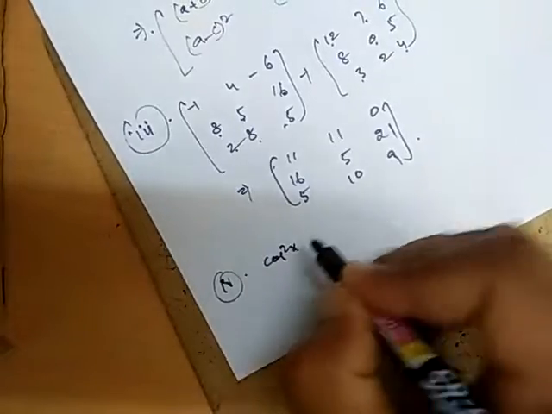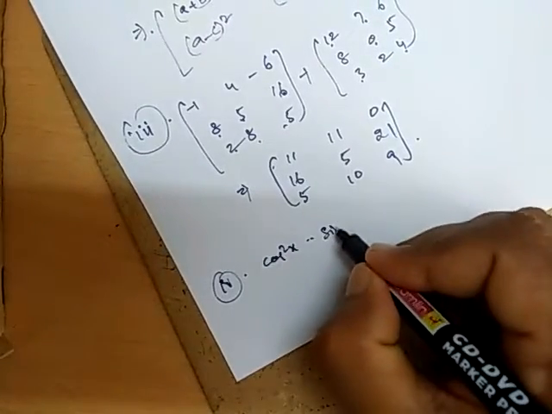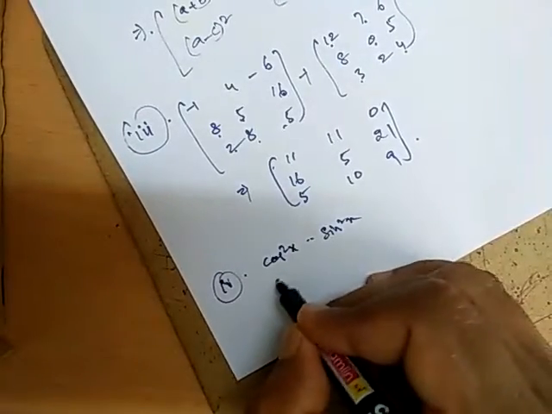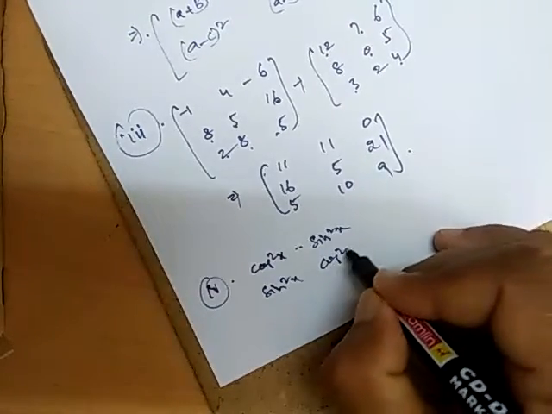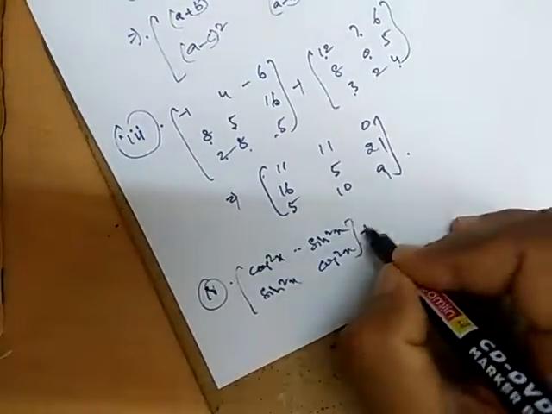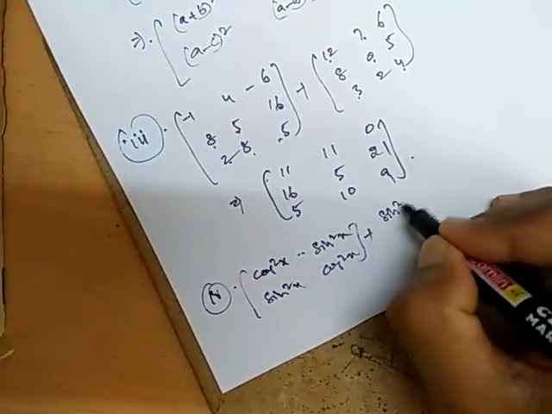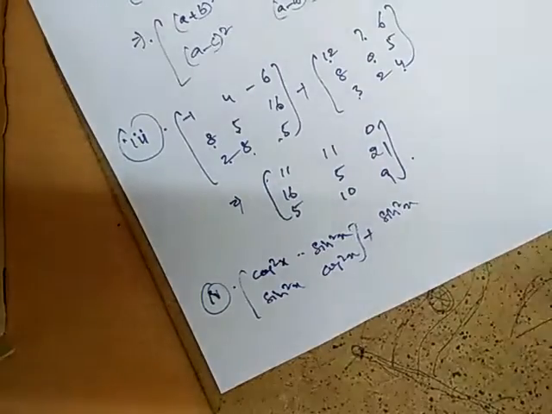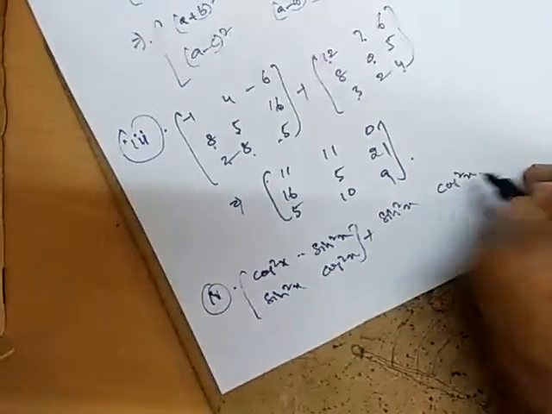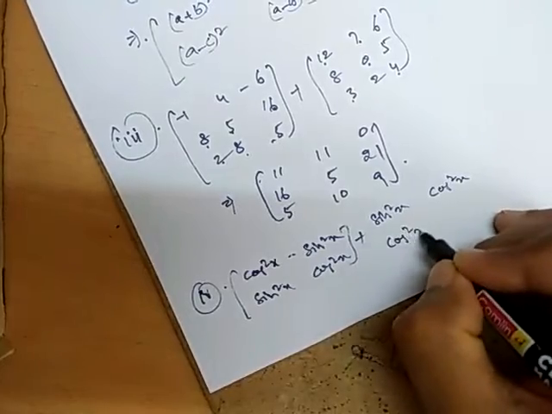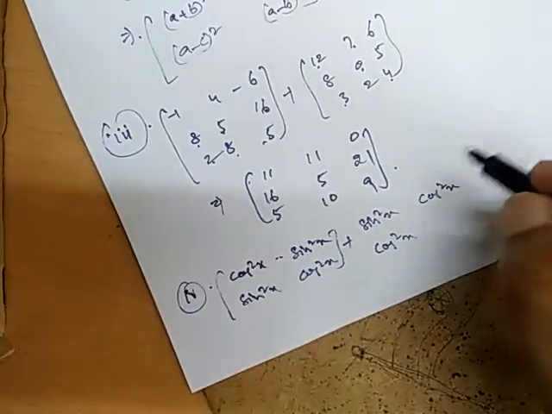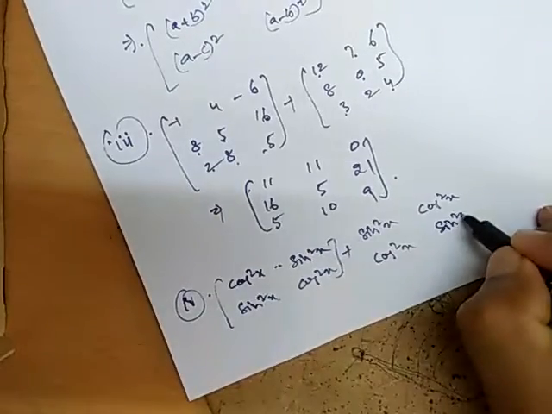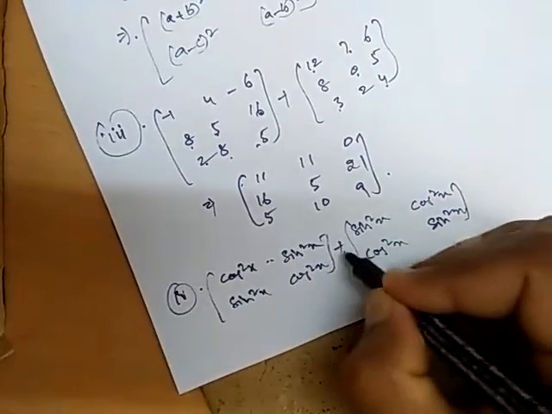Next, fourth question. Cos square x, sin square x, sin square x, cos square x, plus sin square x, cos square x, cos square x, sin square x. Add these two matrices because the symbol is plus.